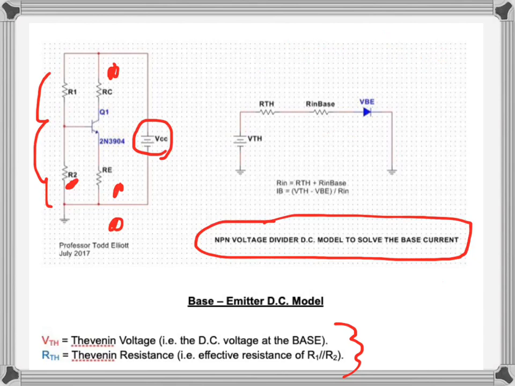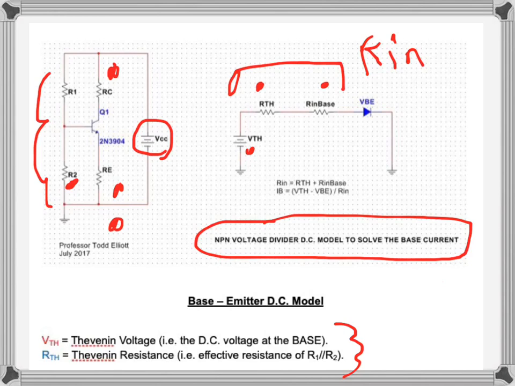Right now we've learned how to solve for that, we've learned how to solve for that, we've learned how to solve for this, and then the sum of RTH and Rin base is simply this. That's the value Rin.